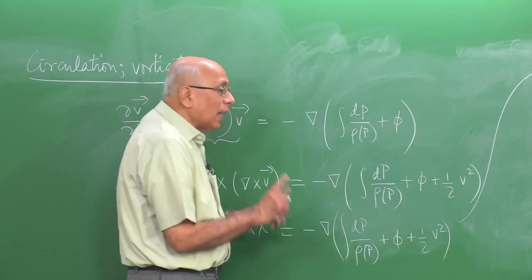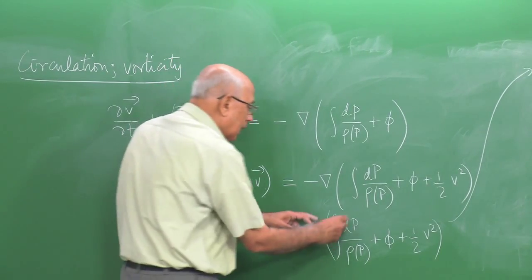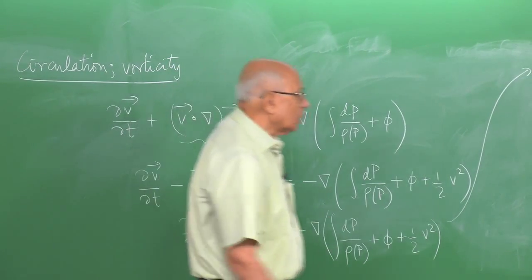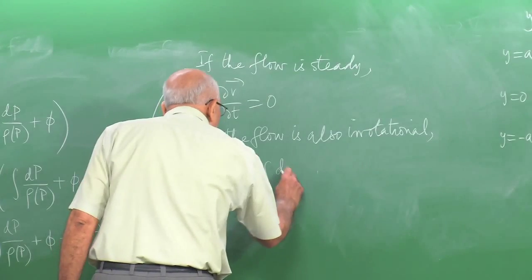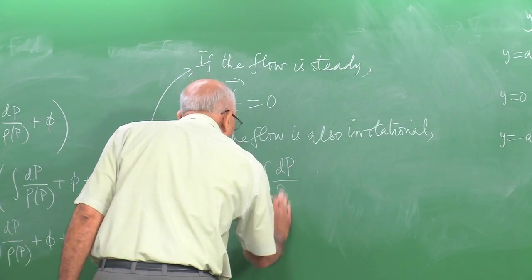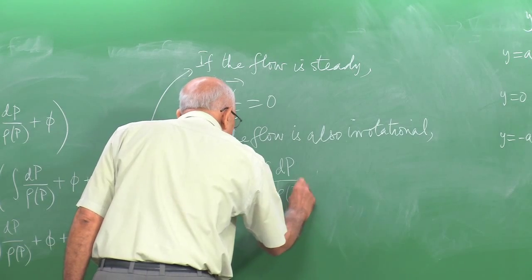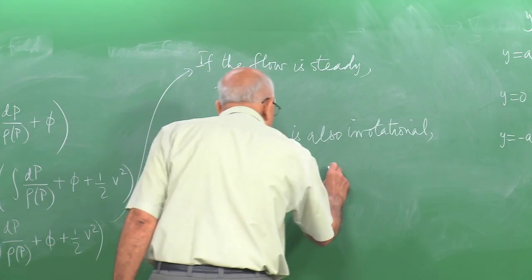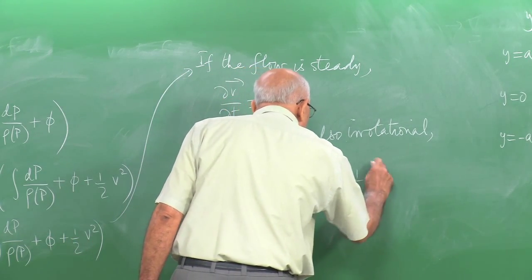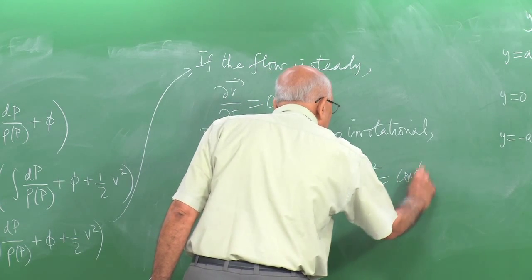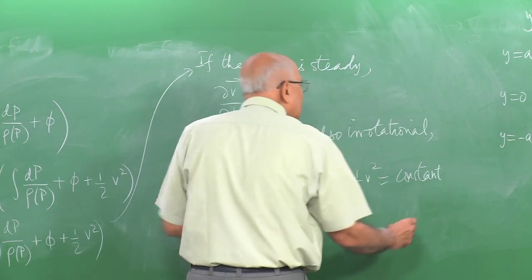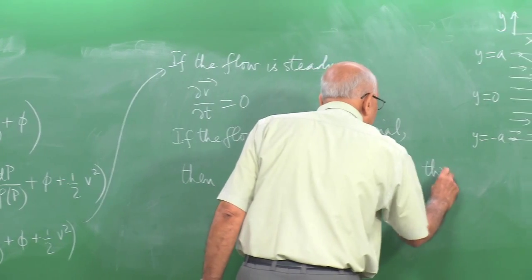That means along any direction whatsoever this scalar function cannot change. So it says that integral dp over rho of p plus phi plus half V squared equal to constant, the same constant throughout the fluid.